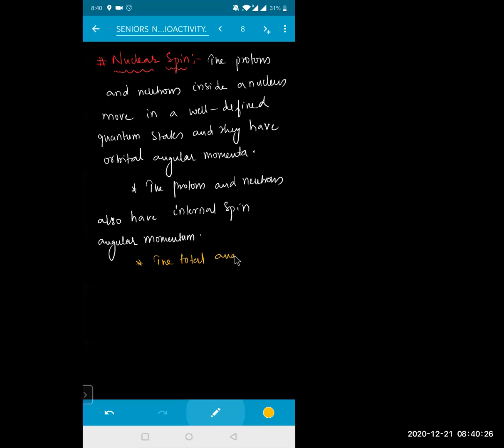Okay, so I can say that the total angular momentum. What do you mean by angular momentum, beta? L is equal to I into omega.